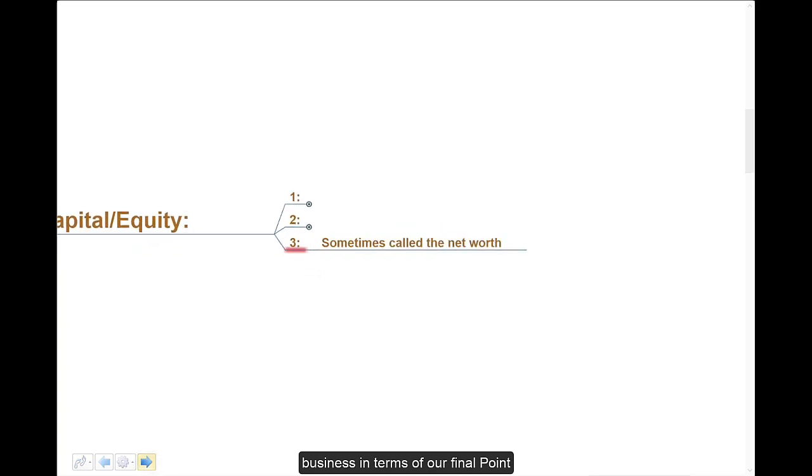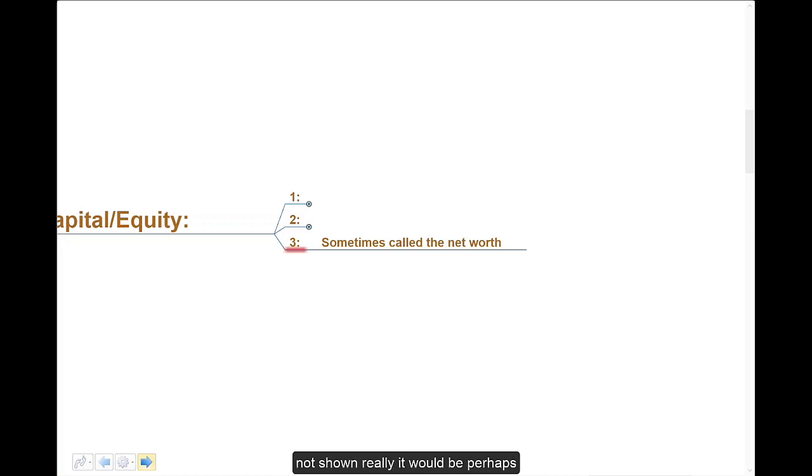In terms of our final point here, this net worth, if we were to value a business and to say, okay, this particular business, I have their accounts, I'd like to know what they're worth. Well, as we saw from point 2, what they're worth must be the difference between total assets and total liabilities. But there's another thing that's not shown in a set of accounts as we see them.